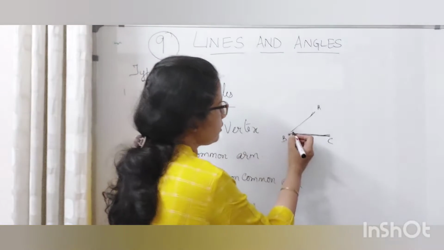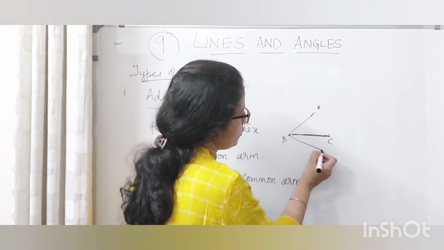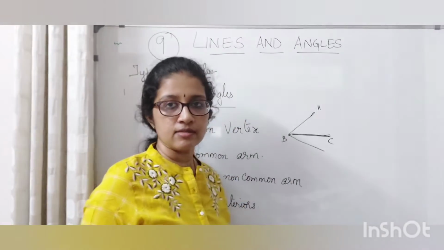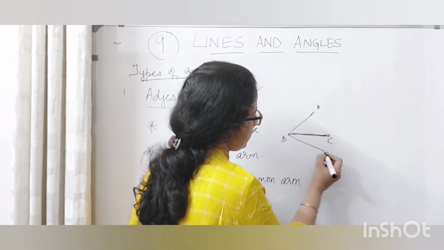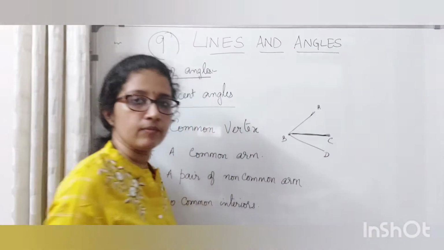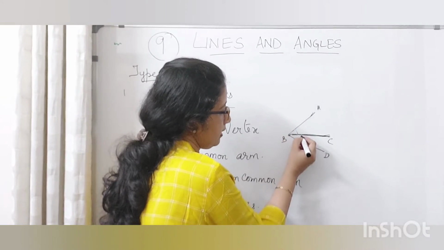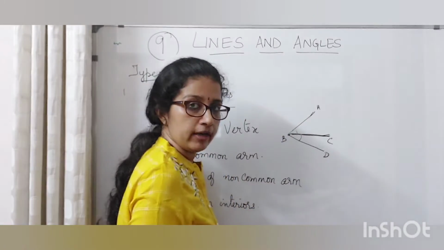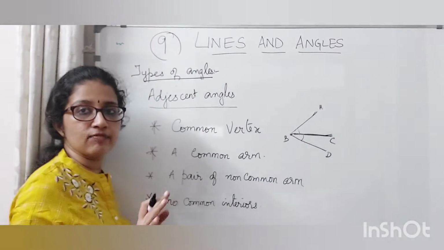So this is one side, we have AB. On the other side also we should have an arm like this. Let this be BD. BD is the other arm. So now we have two angles. This is one angle, this is the other angle. So let's check if all the rules are satisfied.